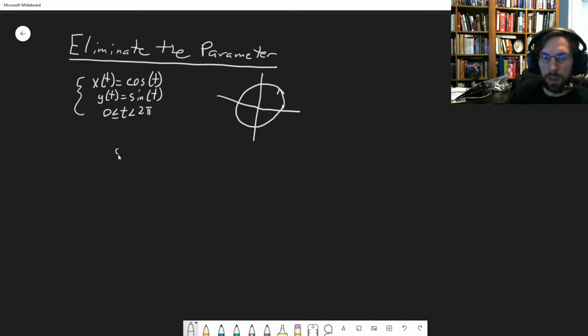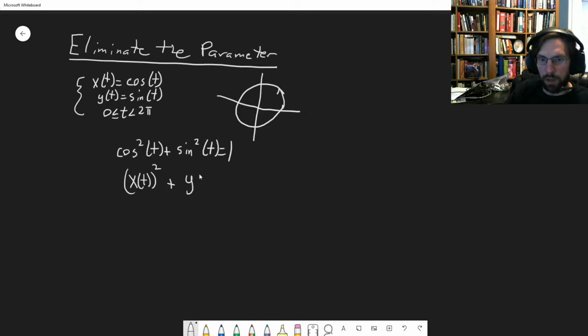We do know that cosine squared t plus sine squared t is equal to 1. But we know x of t is cosine t, y of t is sine t, so we can write it like this: x of t squared plus y of t squared is equal to 1.